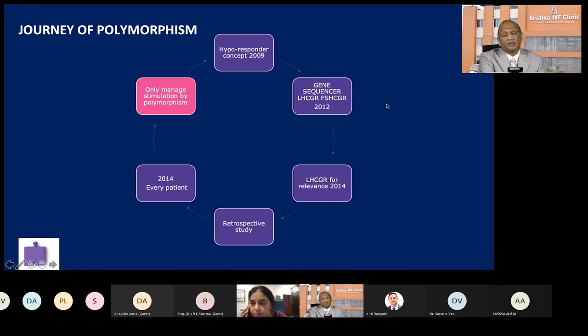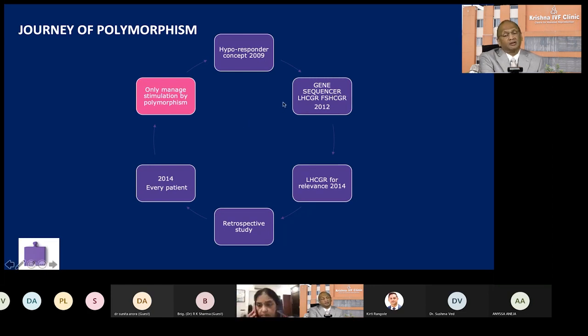But subsequently in 2012, we could acquire a gene sequencer and started doing the LH-CGR, FSHR testing. At that time, we were ignorant of the difference between an LH gene and an LH receptor gene, and similarly we were ignorant about FSH gene and FSHR gene.